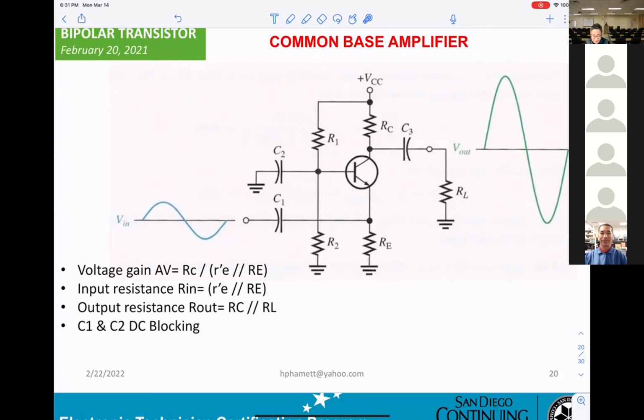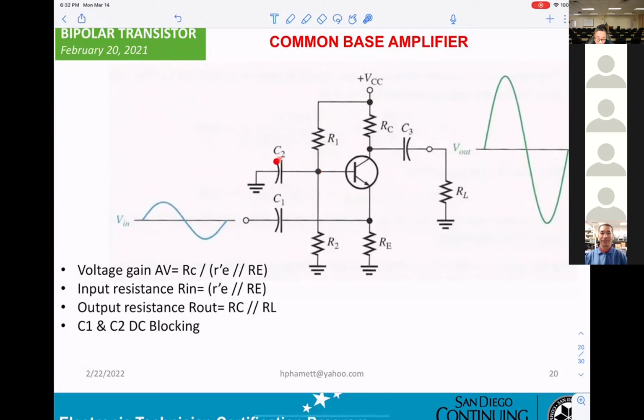Okay. And this resistance here, C2, what is the name of C2? DC blocking. DC blocking, AC coupling. So for calculating the DC voltage here, you still use the voltage divider to get the voltage.